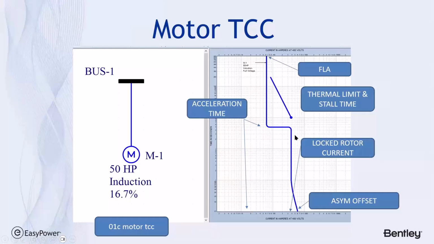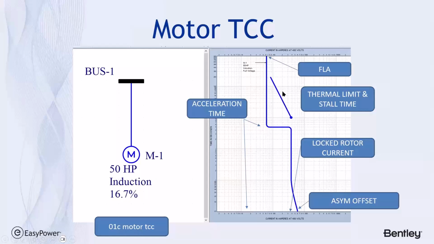Now, if it's to the right side of the time current plot, that is considered a potential bad start, and so we need to have protective devices come into play. Now, this short stubby line is the thermal damage curve.